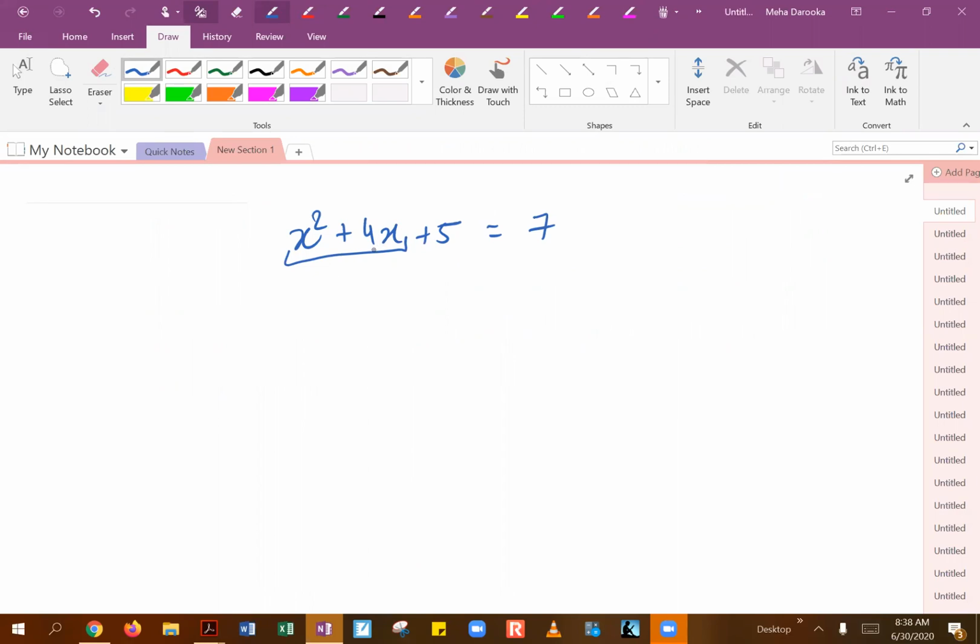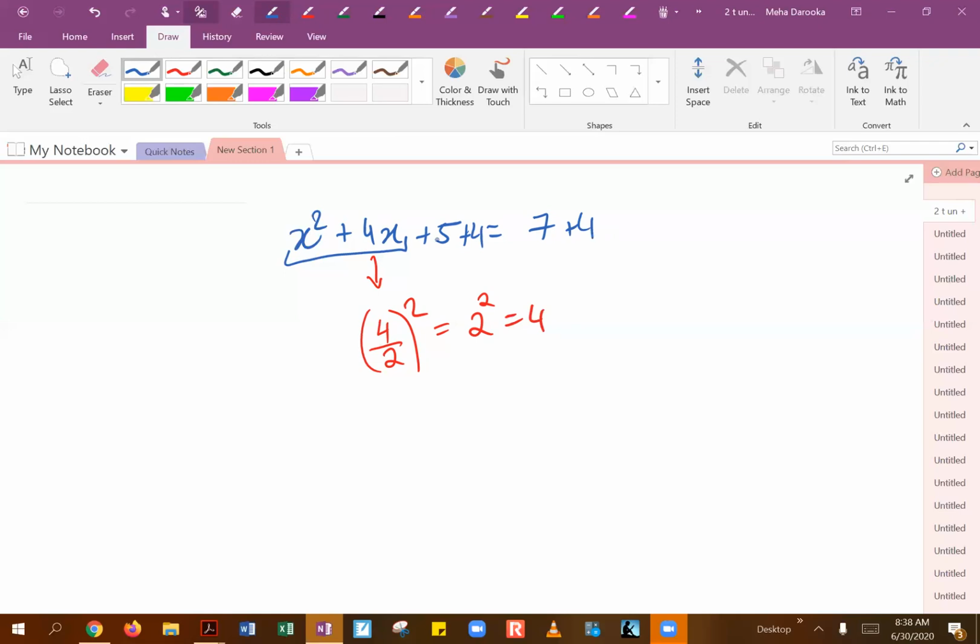So remember, for perfect square trinomials, we use completing the square, and completing the square would be where we take this middle coefficient of 4 divided by 2, and we square the entire thing, which then ends up giving us, of course, 4 divided by 2 is 2. 2 squared gives you 4. So the idea is we would take this number 4 and we would add it to both sides of our equation. And, of course, we add it to both sides of our equation because we want to maintain that balance. So whatever you do to the left-hand side, we do to the right-hand side.